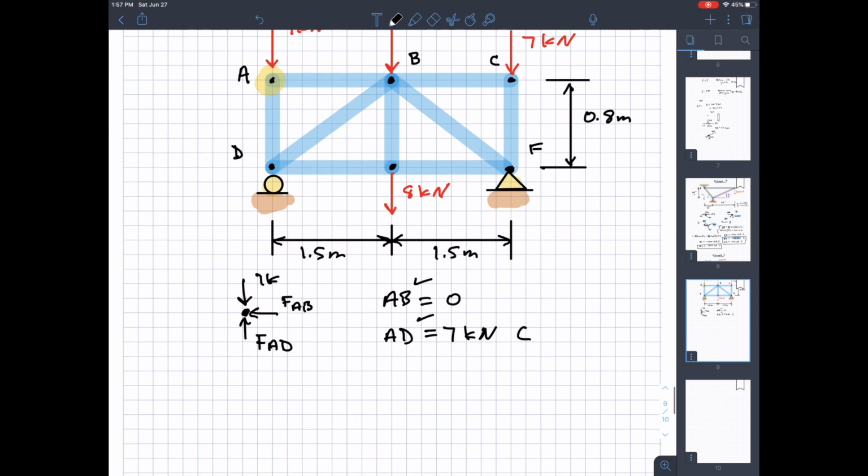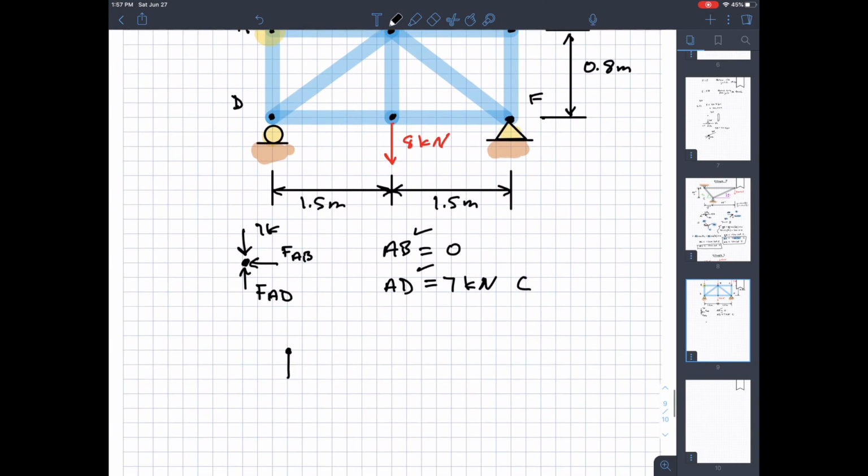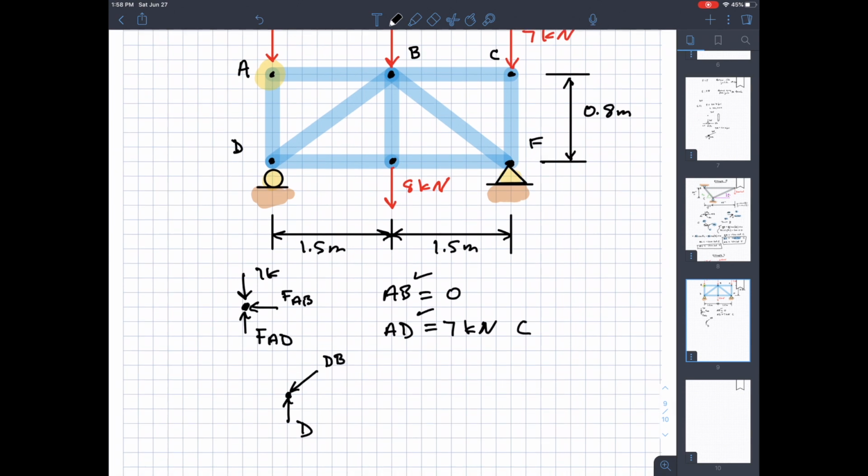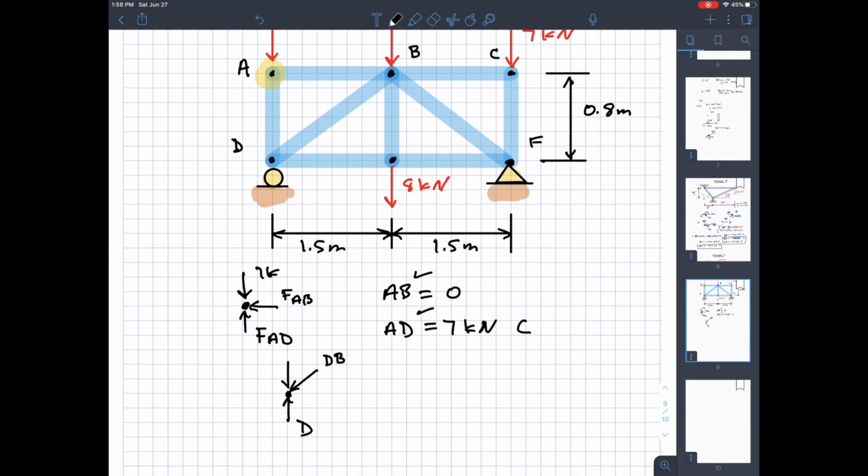But then when I start to look at joint D, I'm going to have the supporting force from the roller in the vertical direction. And then I'm going to have this force working into the pin from member DB. And then I know AD. Okay, so FAD working in compression goes here.